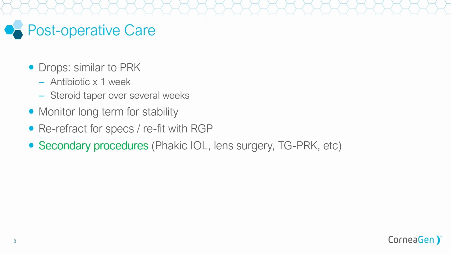For mild to moderate cases, you have a very high probability of not needing any form of scleral contact lens or RGPs. So it depends on the severity of the case, but most mild cases, I'm more than likely not going to need an RGP. Moderate cases, it depends on the patient and how particular they are.